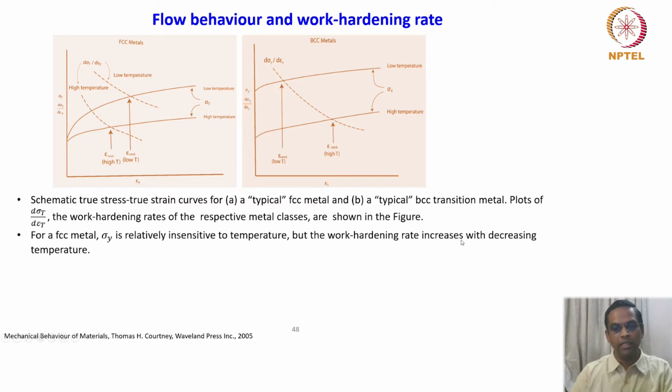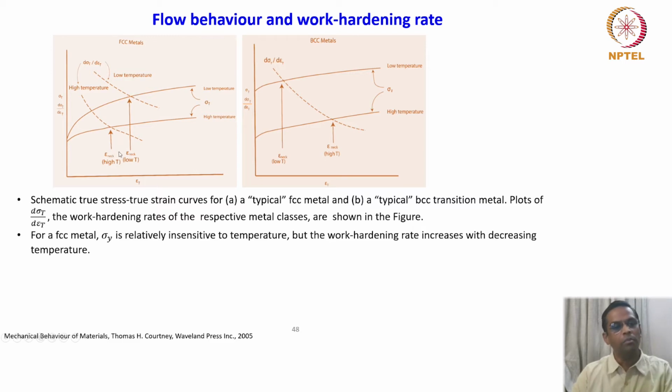But the work hardening rate increases with decreasing temperature. The work hardening rate is higher here for the low temperature, and you can see that inflection. What is the meaning of this point of inflection? You have already seen that, right?